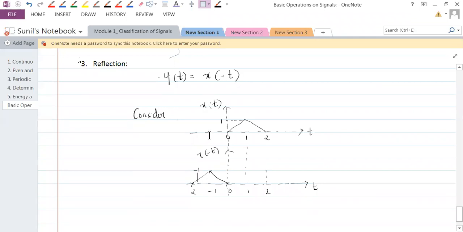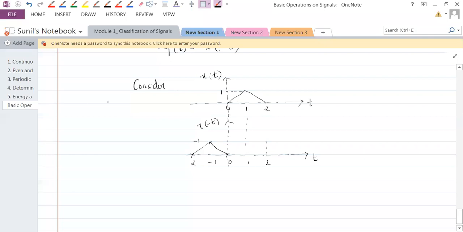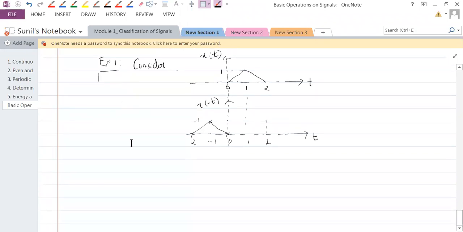Understand? So what happens if we take a signal which is there on both the sides? This is example number 1. Let's consider another example. This would be interesting. Example 2.